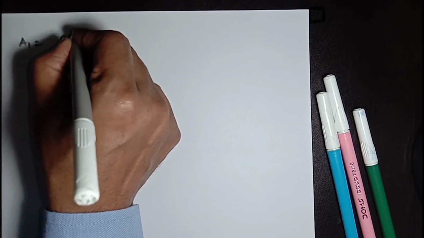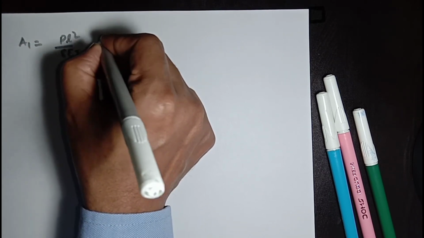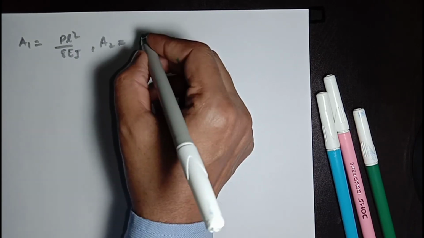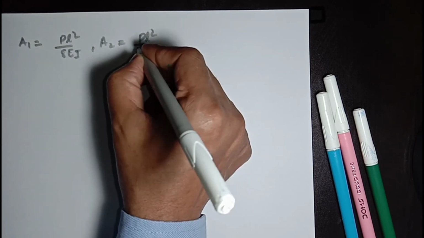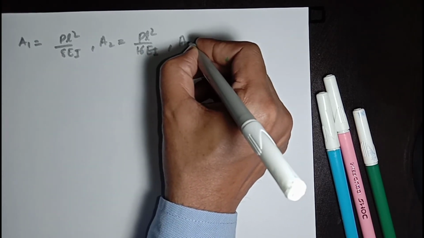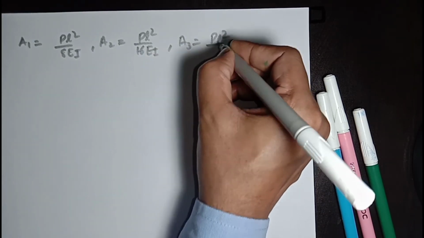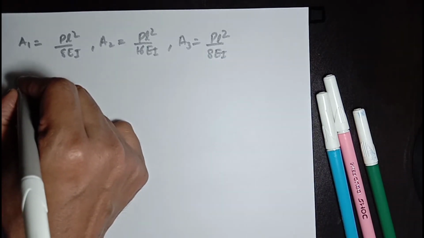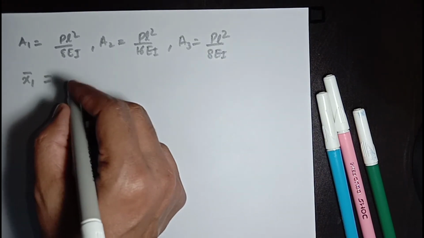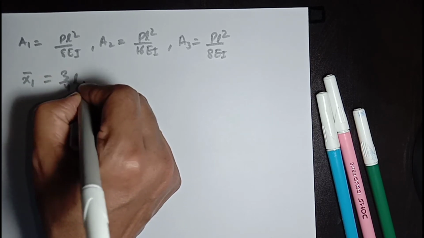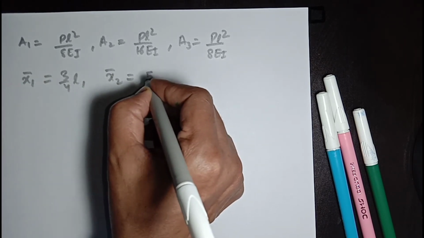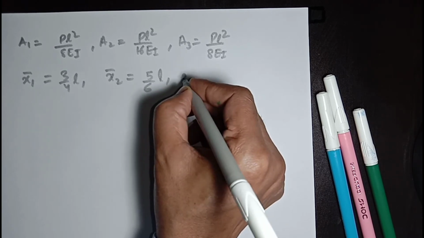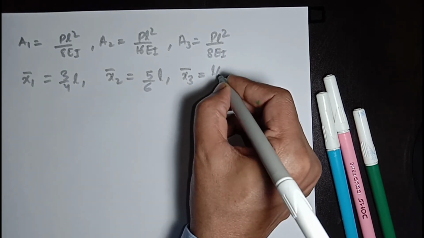So here we are going to tabulate it again. A1 is PL square divided by 8EI. A2 is PL square divided by 16EI. A3 is PL square divided by 8EI. And x1 bar is 3 divided by 4L, x2 bar is 5 divided by 6L, and x3 bar is L by 3.